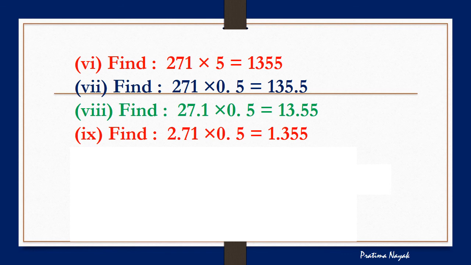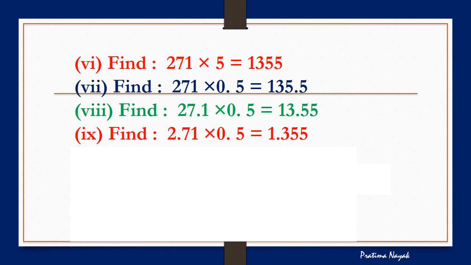So see, in the first one there was one place, so we leave one place after the decimal. For the second there were two, so we leave two places after the decimal.